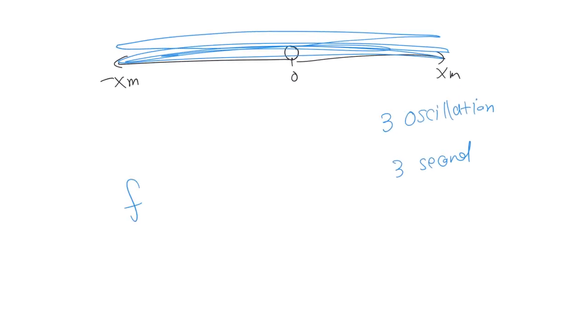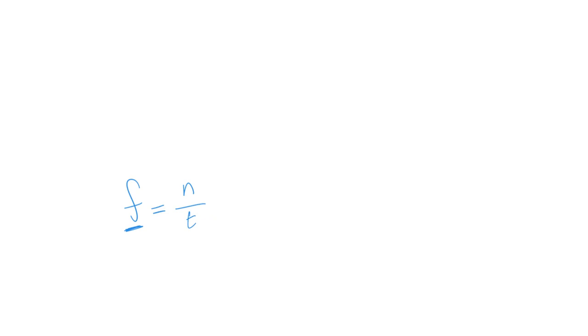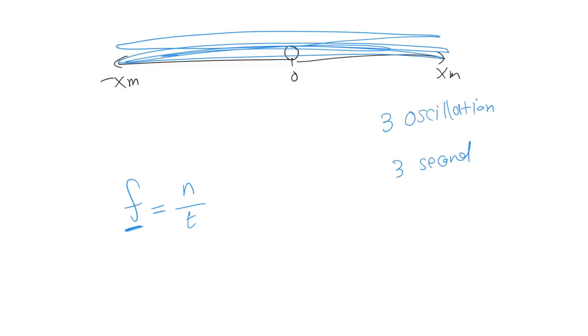So what we will do, the frequency is the number of oscillations divided by the time, because the frequency is the number of oscillations in 1 second. To calculate it, we must divide the total oscillations by the total time. So it will be 3 over 3, which is 1 hertz.